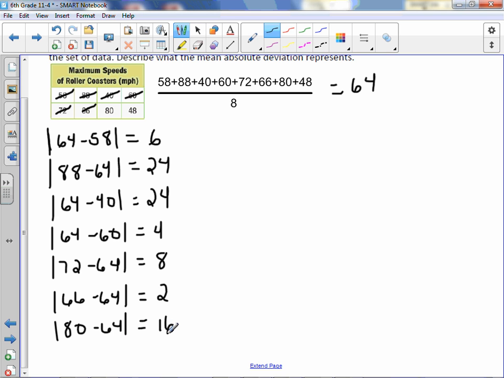The absolute value of 16 is also 16. Last value is 48, which is smaller, so absolute value of 64 minus 48 is 16.